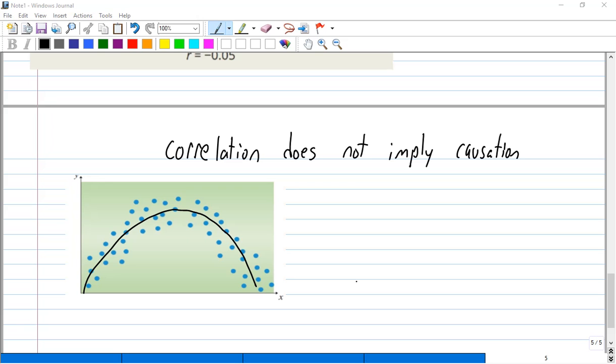Fitting a linear model. All right, so what do we know about linear?